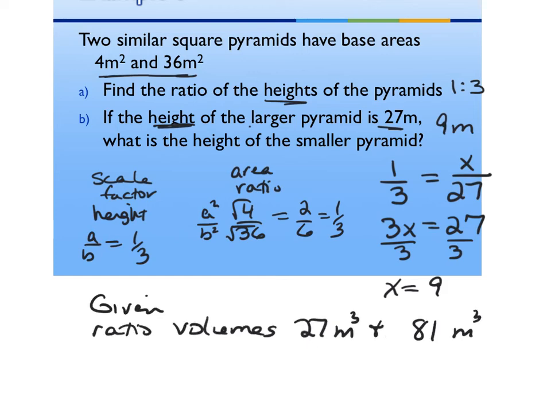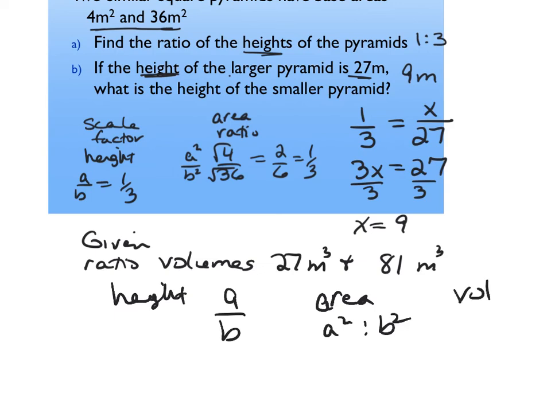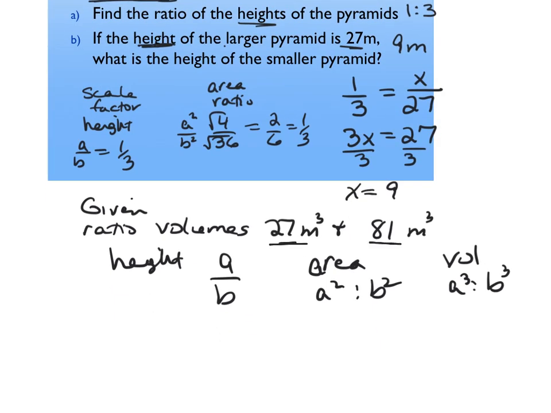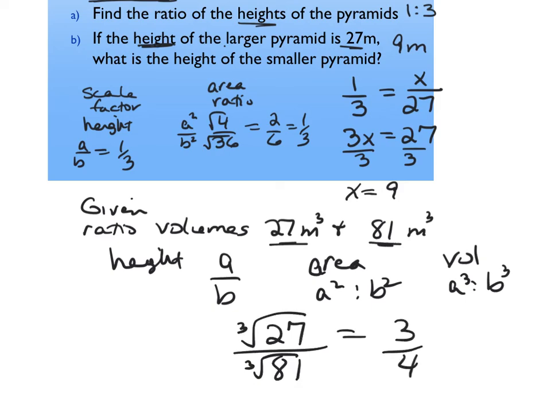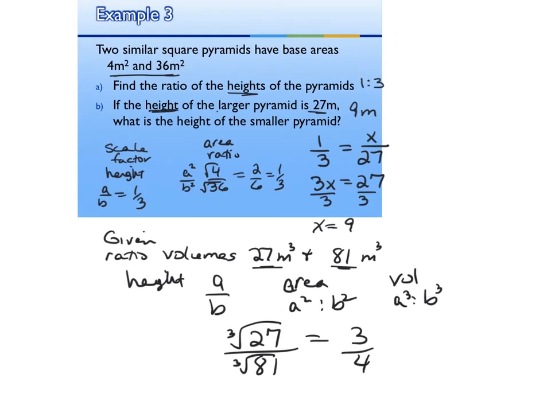If they ask you to find the height, remember, height would be a to b, area is a squared to b squared, and volume is a cubed to b cubed. So if they give you the volumes, you're going to cube root each number. So this would give you 3 to 4. So just read what they're giving you and then turn them into a scale factor.